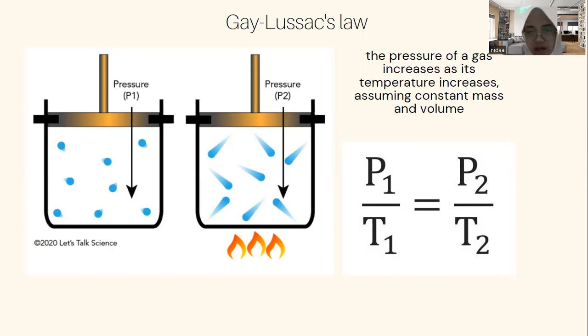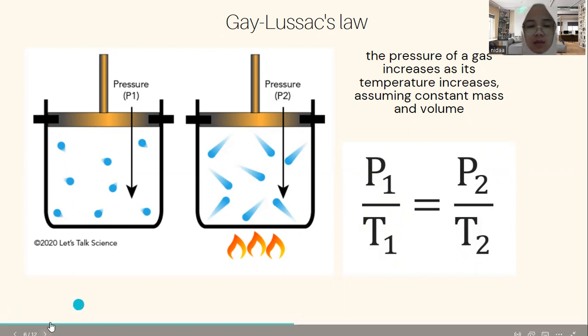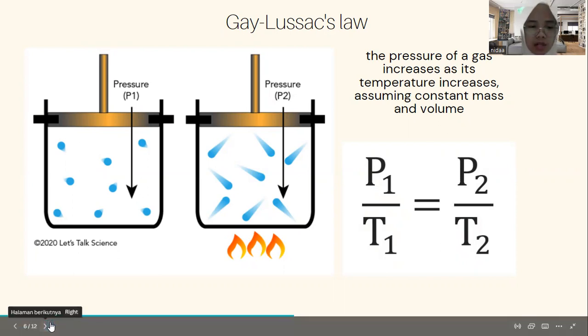So whenever we have gas and we heat it up to a higher temperature, it will gain more kinetic energy and the particles will collide more often. And this frequent collision will create higher pressure. And that is why the formula says that pressure is proportional to the temperature.